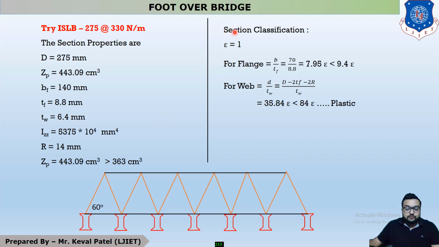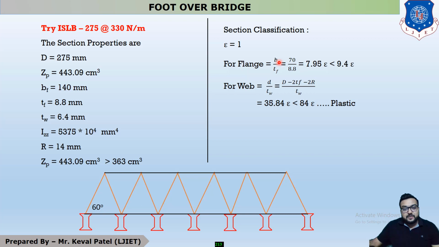For section classification, all students please move to page number 18. On page number 18, you can see the first row, outstanding element of compression flange, in which there are two parts. First one is rolled section and second one is welded section. So move to rolled section, in which the equation is B by TF. Now TF means thickness of flange, but what is B?